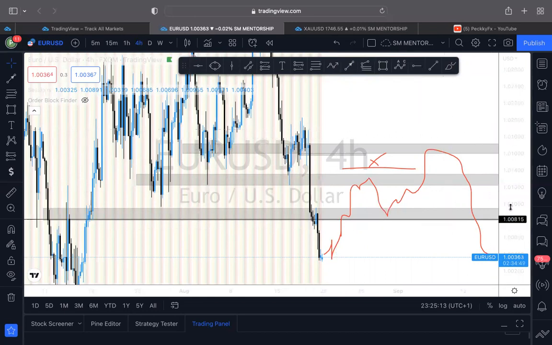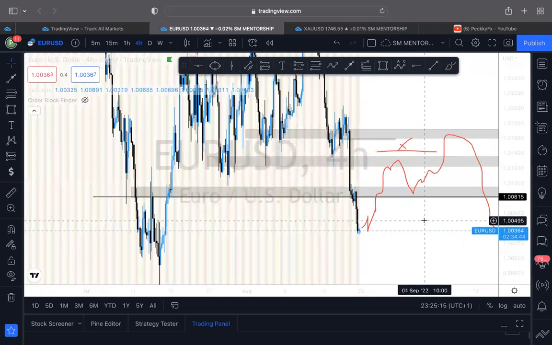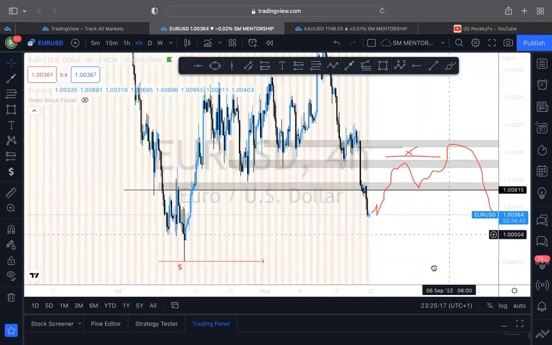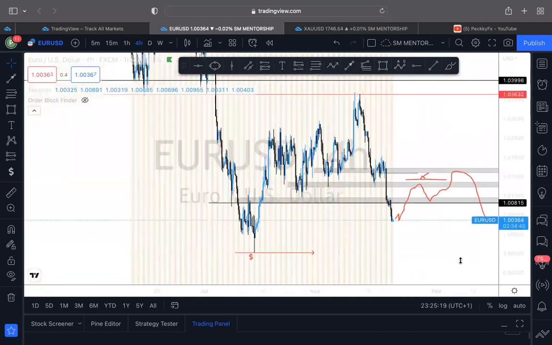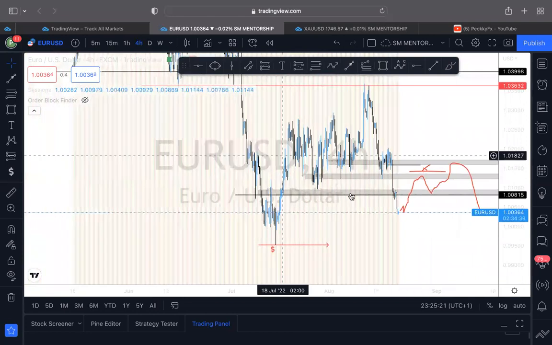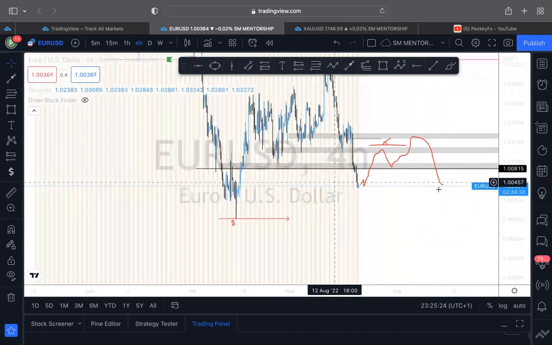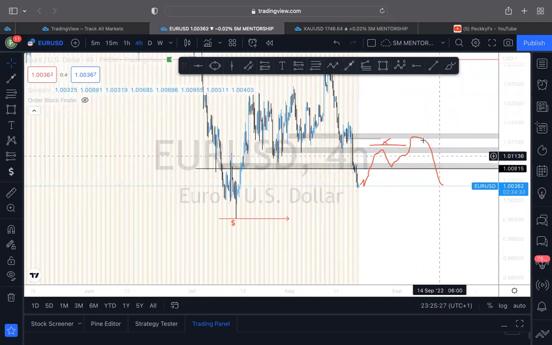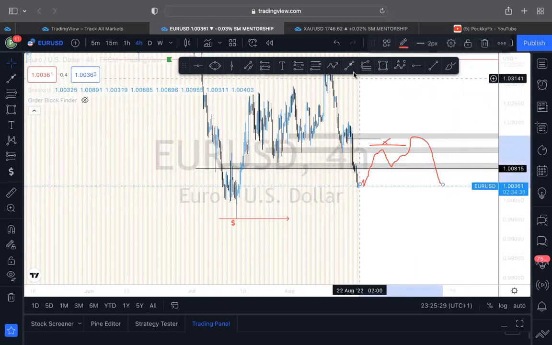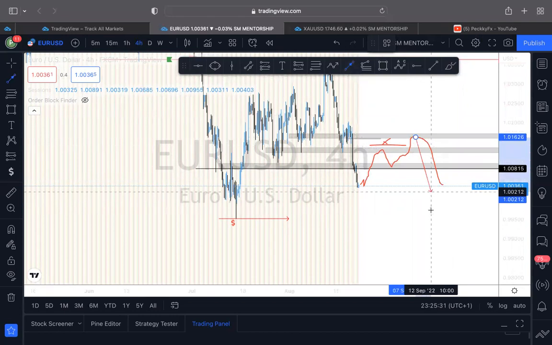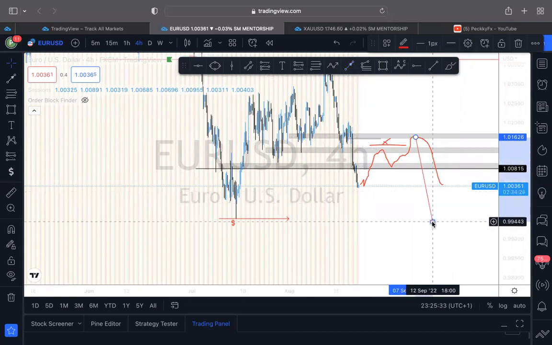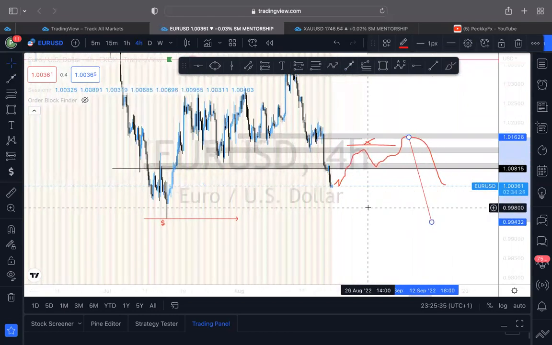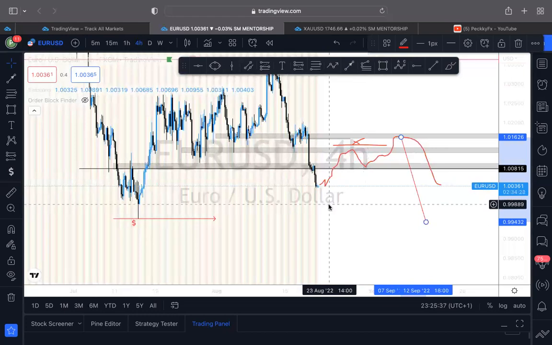So these are the points you have to watch out for this week. You have to watch out for this level, the retest, then continuation to the downside to take out this liquidity and these lows right here. So this is my projection on Euro USD.